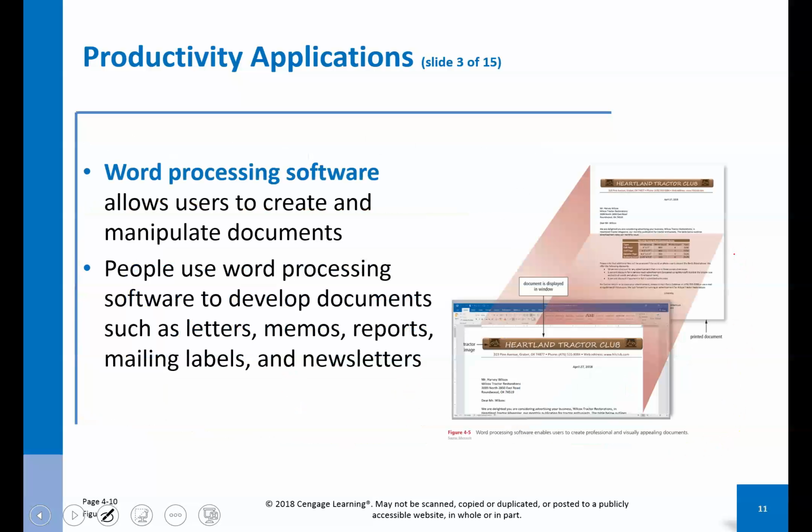Word processing is the first type we see in productivity software, and it helps us with writing. The key is to create and manipulate documents. If you have that need, you are on the right track turning to word processing software. It helps you write letters, memos, and reports. That's why word processing software has a lot of templates.